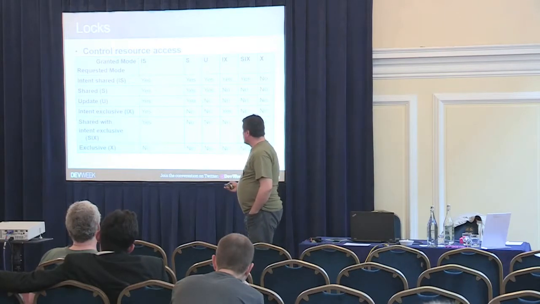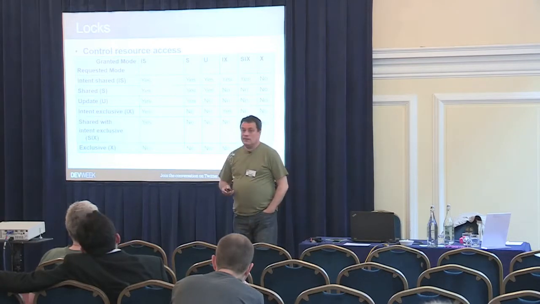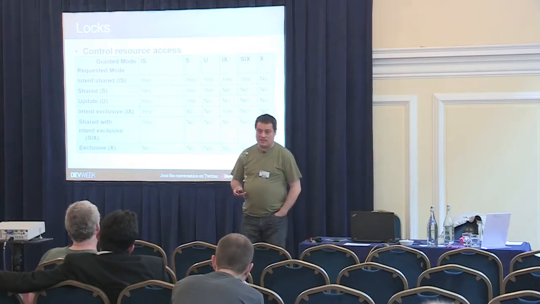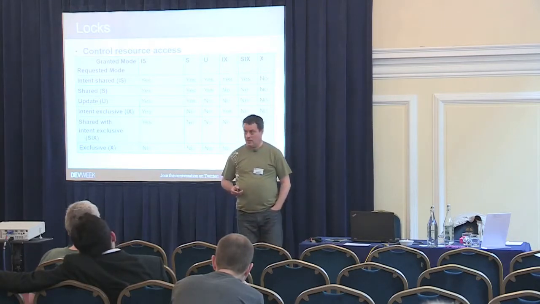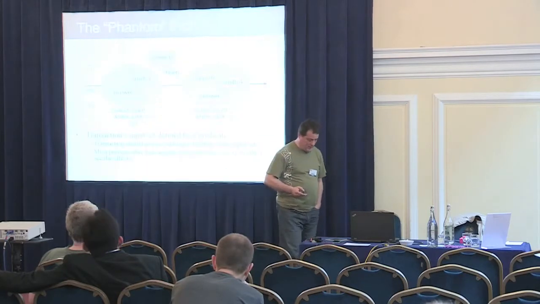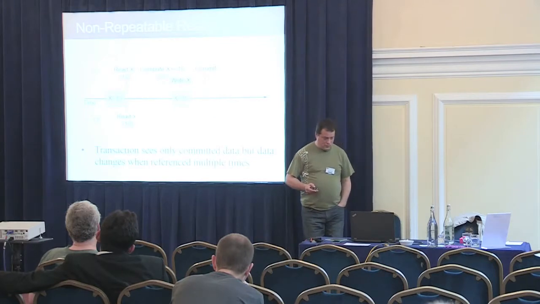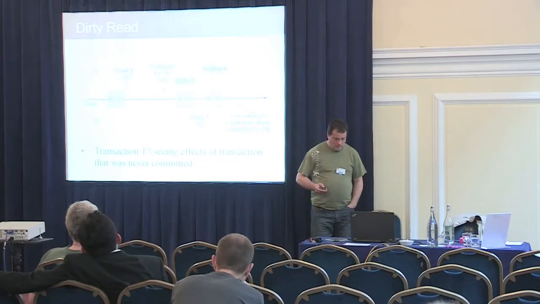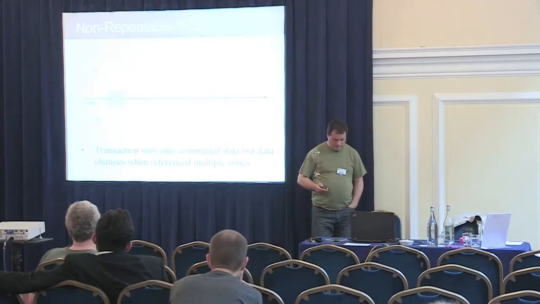Now, there is one specific lock, the update lock. This is a lock you have to explicitly request, and you request it in a select statement. Let me go back and show you an example where you would explicitly use it.